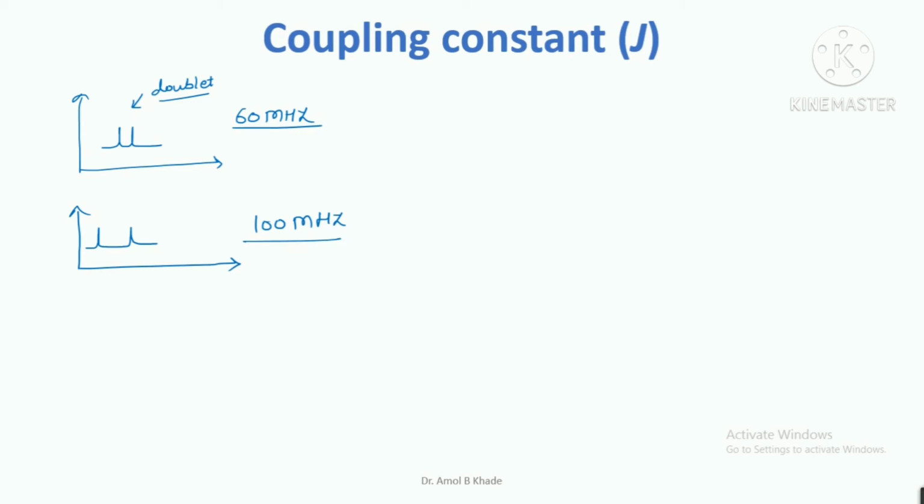If I measure the distance here, let's say it was 2 hertz, but as I have increased the instrument specification from 60 megahertz to 100 megahertz, the distance between these two lines has increased. It is greater than 2, it may be somewhere around 4 or something like that.